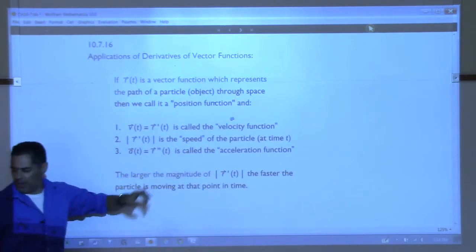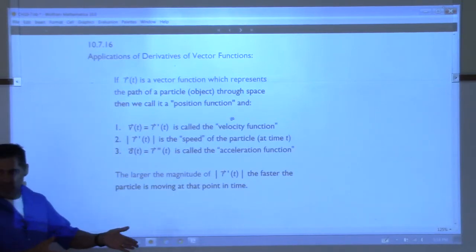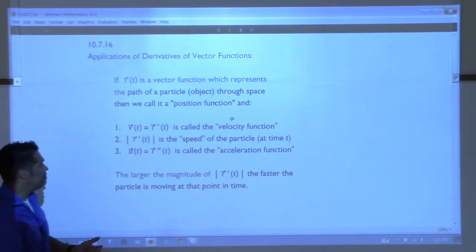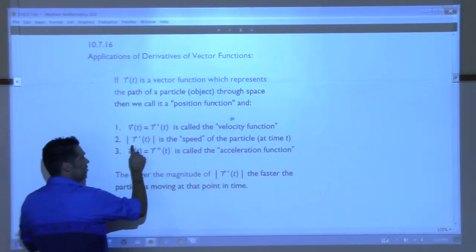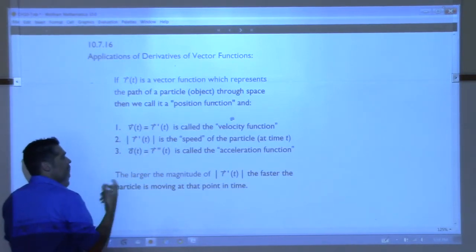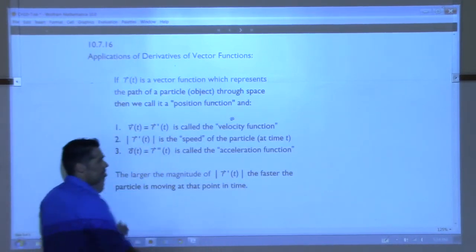At this level, everyone knows there's a difference between speed and velocity, right? Velocity is a vector, with a magnitude and a direction, whereas speed is the length of that vector. So the magnitude of the derivative is the speed. And further, the second derivative is going to give you acceleration.